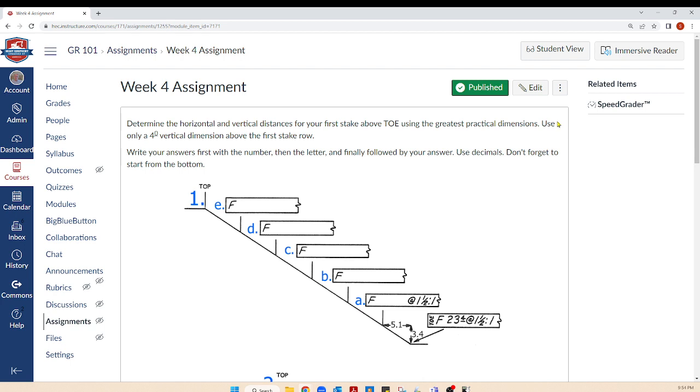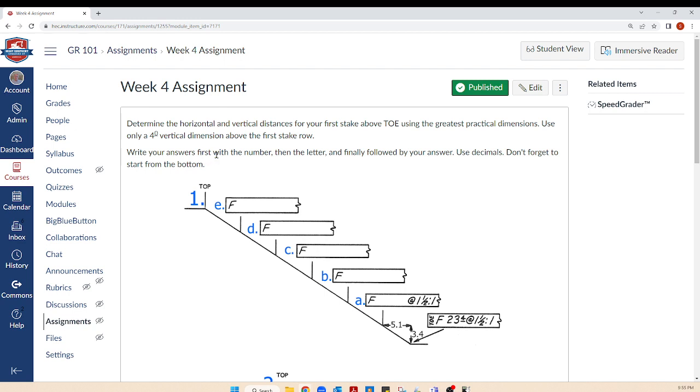That would be the multiple of 4. Use only a 4-foot vertical dimension above the first stake row. Write your answers first with the number, then the letter. Number 1, E, number 2, D, because you're going to put stuff in here.